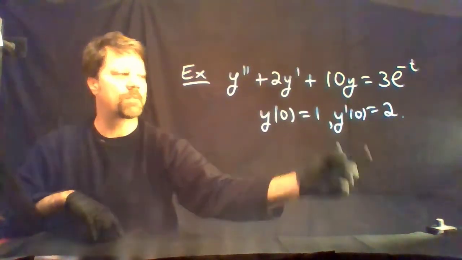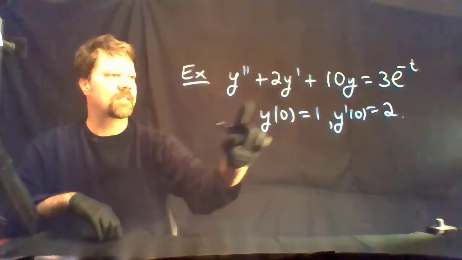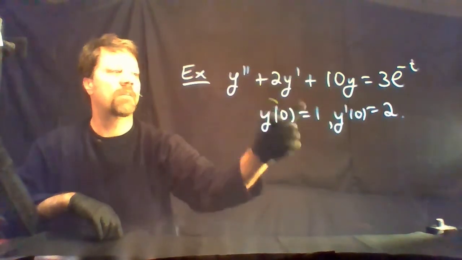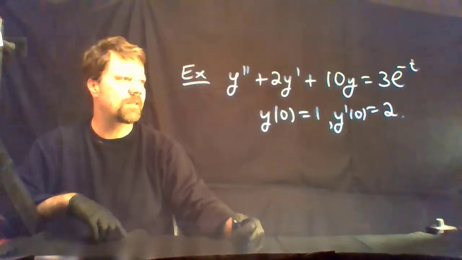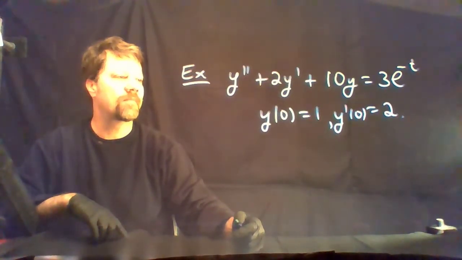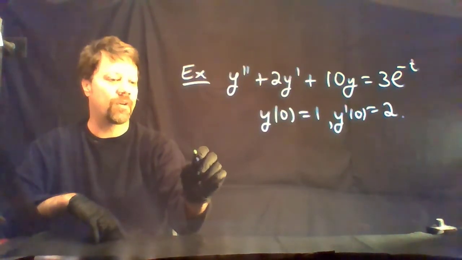So we are initially displaced and moving. This is a forced harmonic oscillator with resistance and a spring constant. We apply the formulas that we've just shown.